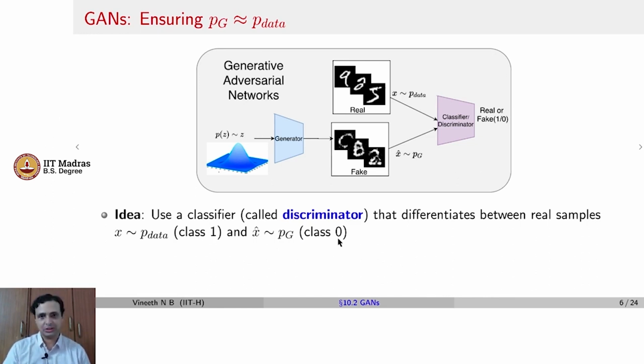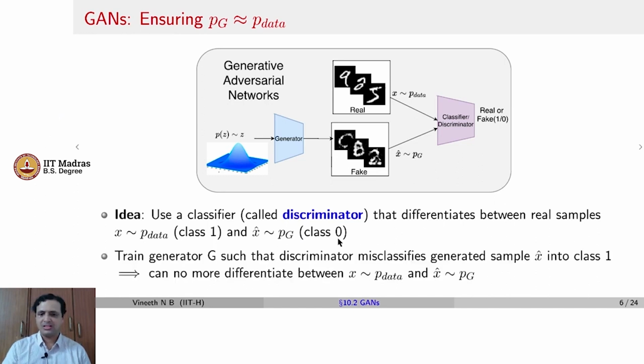How does this benefit? Our goal is to now train the generator to ensure that the discriminator misclassifies the generated sample X hat into class 1 and can no more differentiate between the original distribution P data and the new distribution PG.